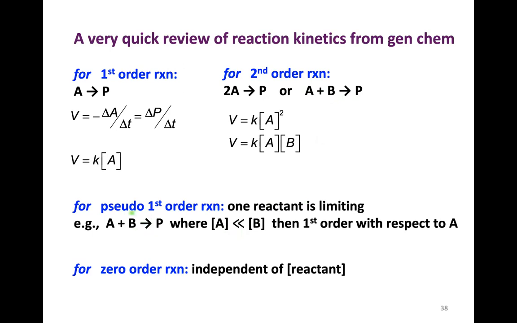It's considered to be a pseudo first order reaction, and we're basically writing the kinetics with respect to the concentration of A. Okay, that should make sense. And if it's independent of the reactant concentration, of course, that's a zero order reaction. So this should be a total review for you.